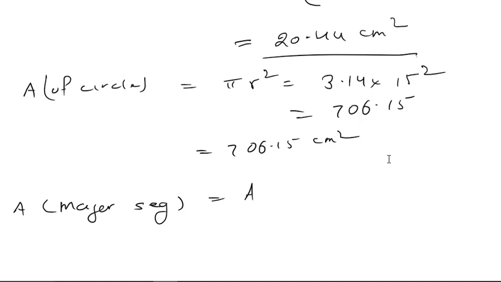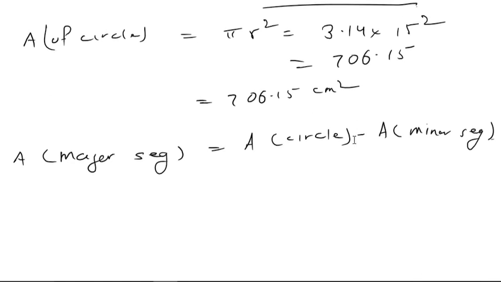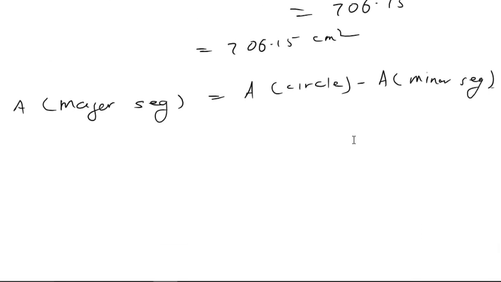Now area of major segment is area of circle minus area of minor segment. For the segment we are finding area, so it will come 20.44, it will come small. Now area of circle we have got 706.15 minus area of minor segment we have got 20.44.